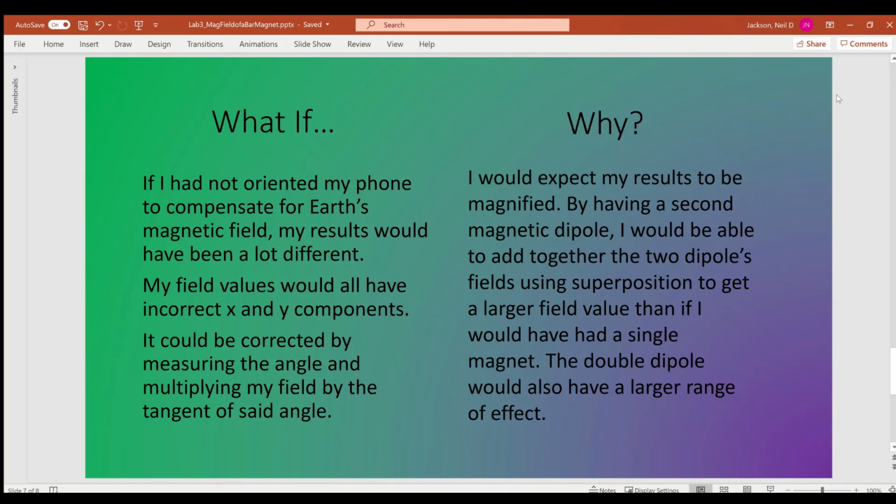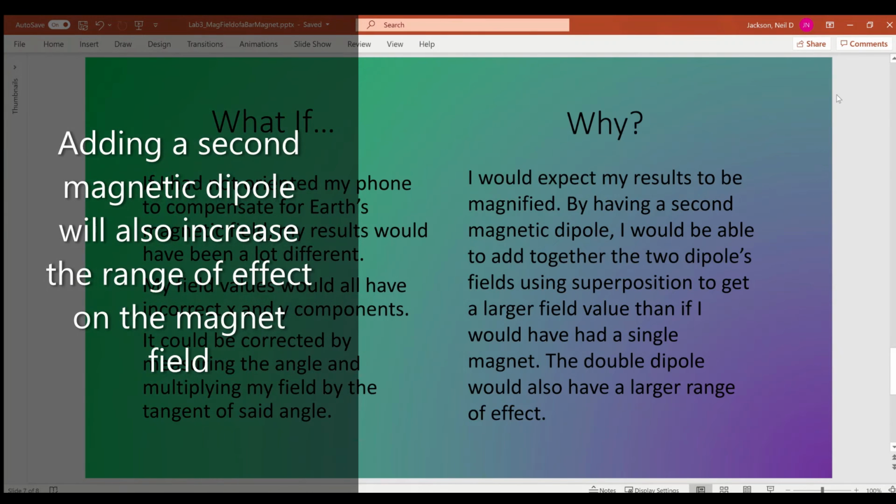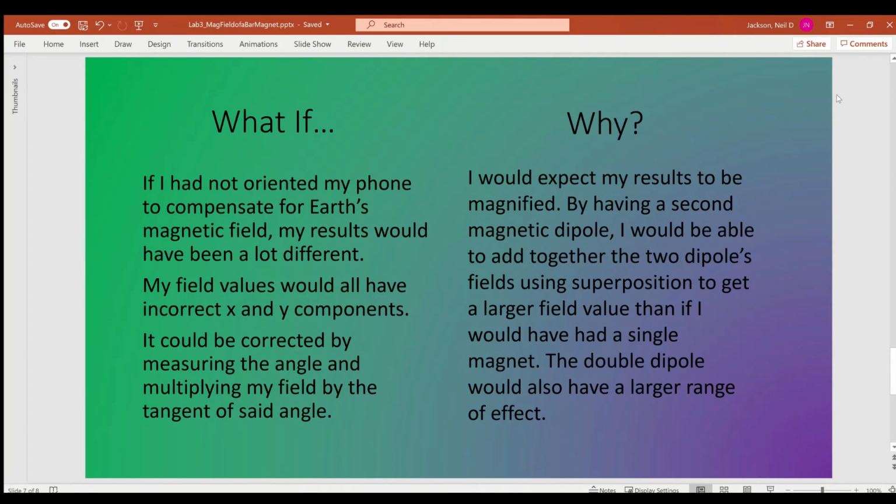And for the why question, if I had 2 magnetic dipoles right up against each other, I would expect my results to gain in size. It's the same thing as having 2 electric dipoles pretty close together. All we're doing is adding together the 2 magnetic fields through superposition in order to get a larger value.